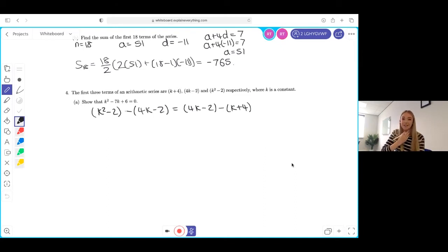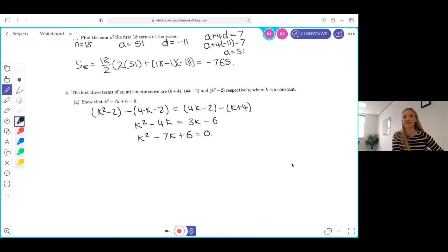So hopefully, if I expand all of this, get it all onto one side, I'll get that k squared minus 7k plus 6 equals 0. That one should work out quite nicely.